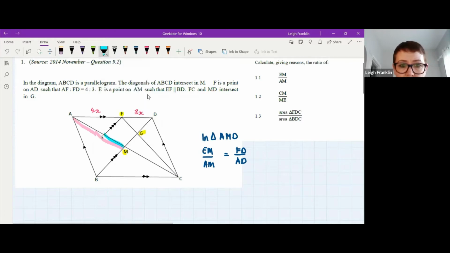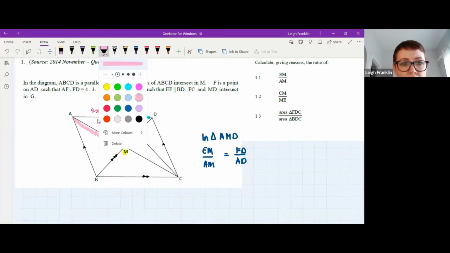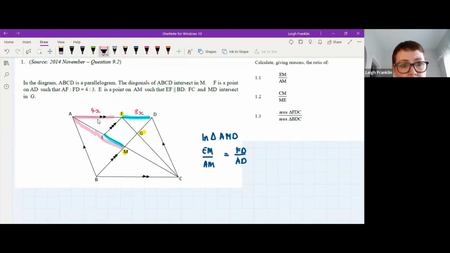So what we're doing here is putting this over, let me change the color. That one. Does that make sense? I think the colors help. So we've got EM over AM is equal to FD over AD.